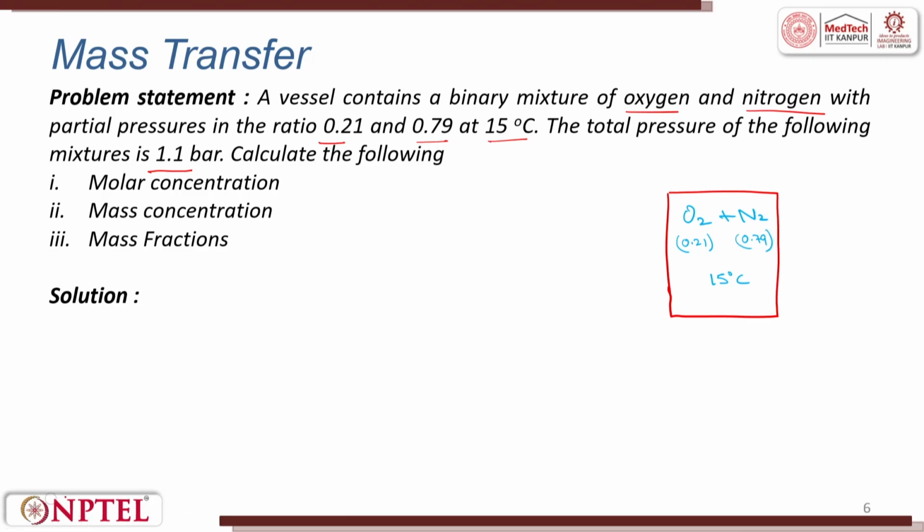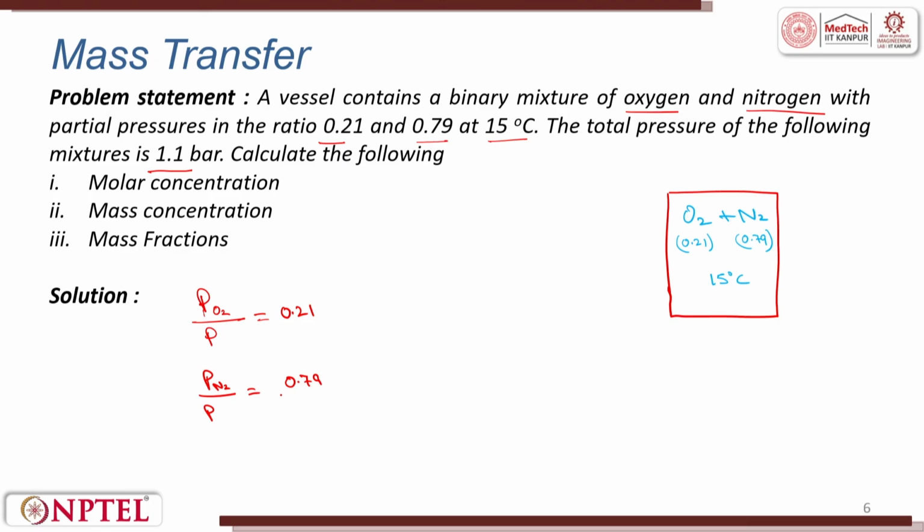Now, in the given data, the partial pressure of oxygen to the total pressure ratio is 0.21, and the partial pressure ratio of nitrogen to total pressure is 0.79.